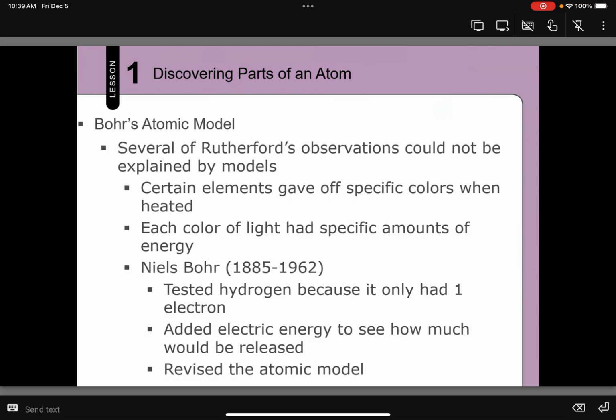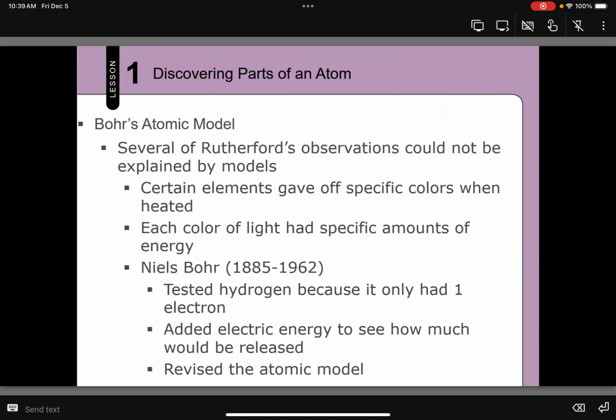On the bottom of page 321, it has some figures showing what's happening with those electrons that's causing the emission of light, the release of energy that we can see as light. Niels Bohr tested hydrogen because it had one electron, so it was easy to do.